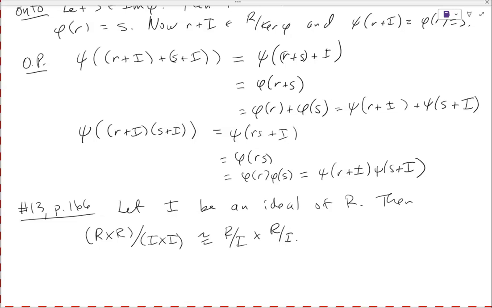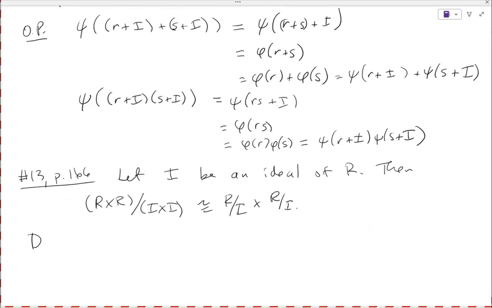All right, so let's define our phi to go from R cross R to R mod I cross R mod I by what? Well, what are the objects in R cross R? What do they look like? What kind of things are they? They're ordered pairs, right?